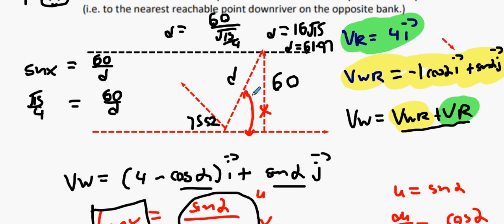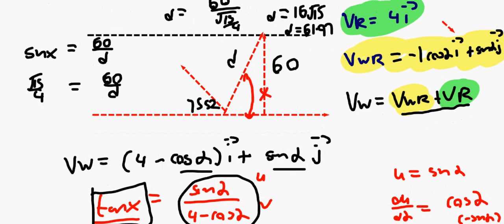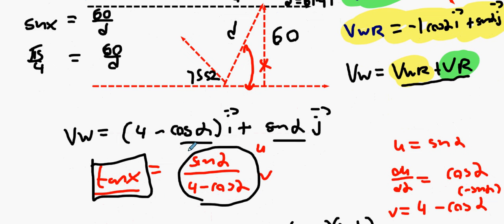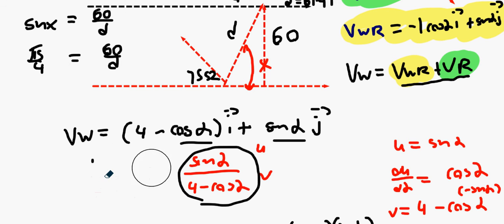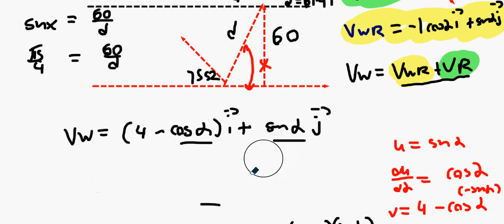No. So I don't know what angle x is yet. Alright? So, what I need to do is go back to my velocity of the woman here, and input my values for cos alpha and sine alpha. So what I did accidentally was I put 75.52 as the angle she drifted upstream rather than the angle she attempted to go to the left and upwards, alright? So we're still in the game here.